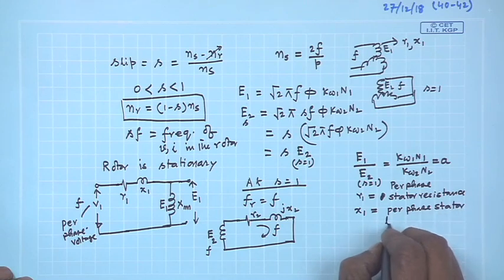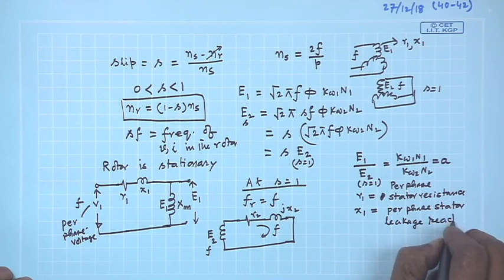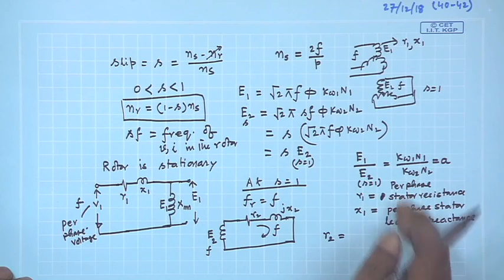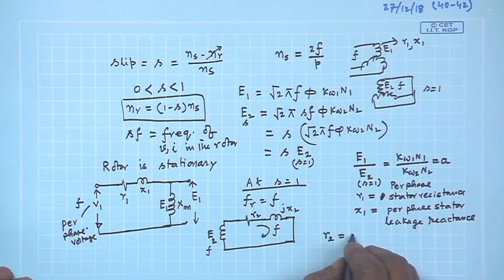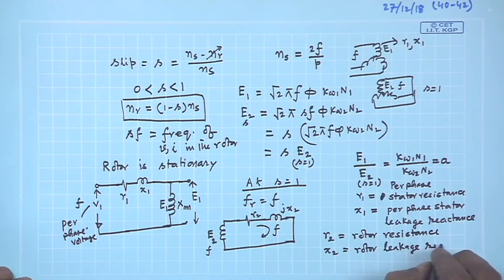R2 is the rotor resistance in ohm, obviously per phase, and X2 is the rotor leakage reactance per phase.